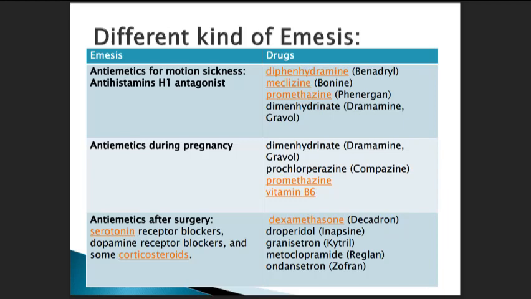Whenever any drug is given in pregnancy, it should be the safest. So vitamin B6 is usually recommended, as well as dimenhydrinate, which comes in tablet form with the names Dramamine and Gravol.